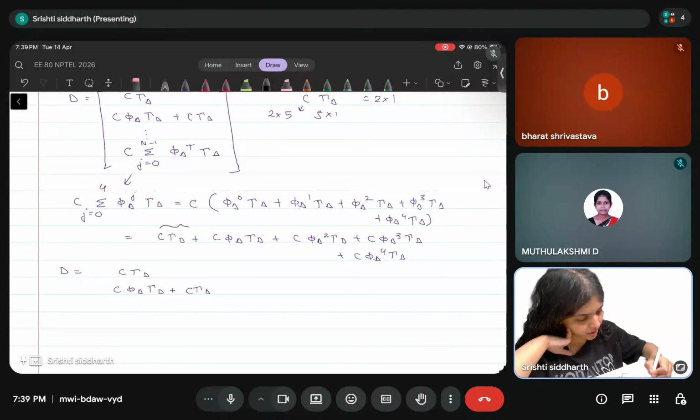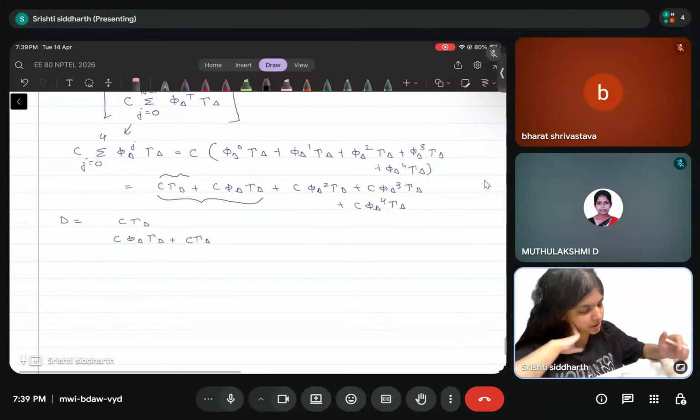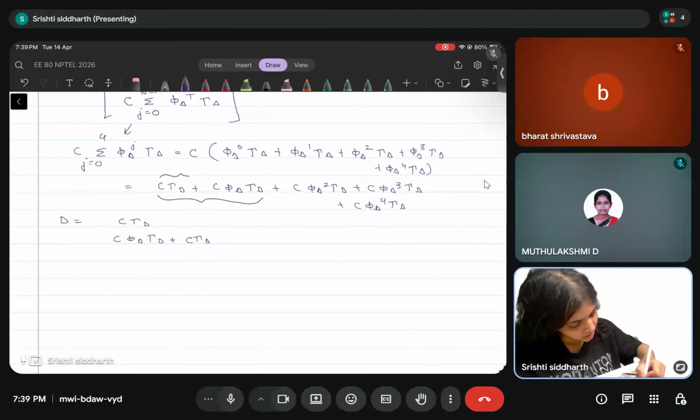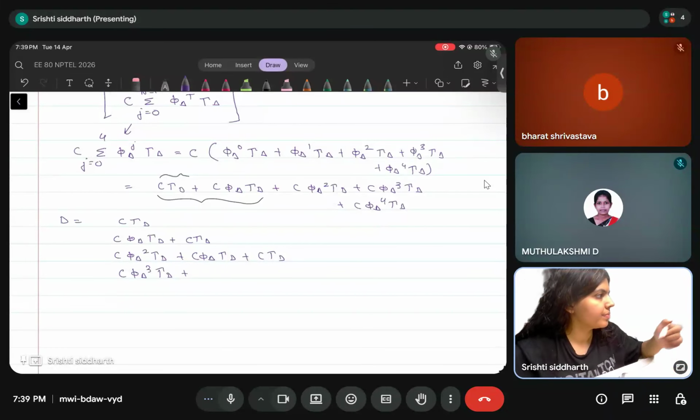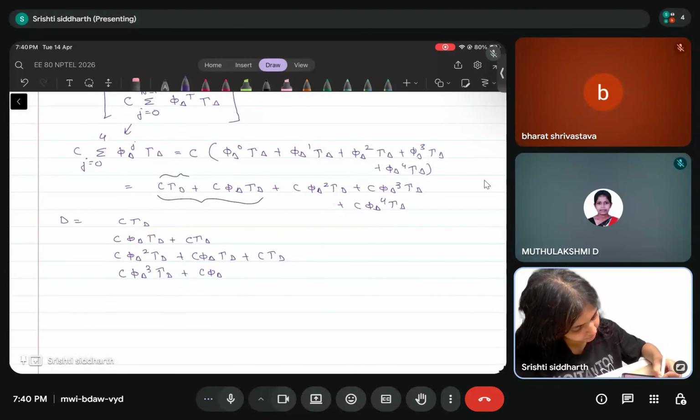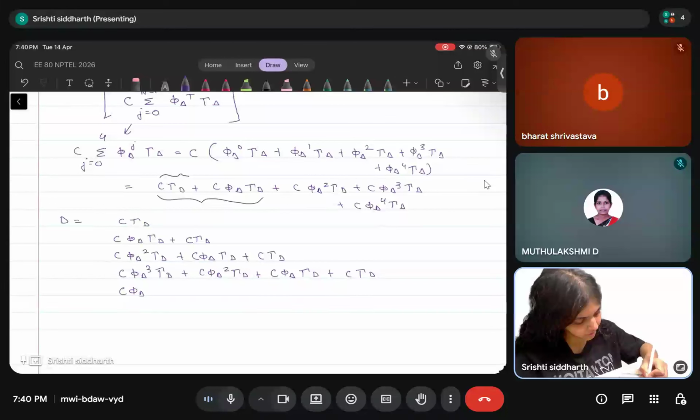So we had this term, then these two terms, and I think it's going to be the three terms, as part of phi delta.